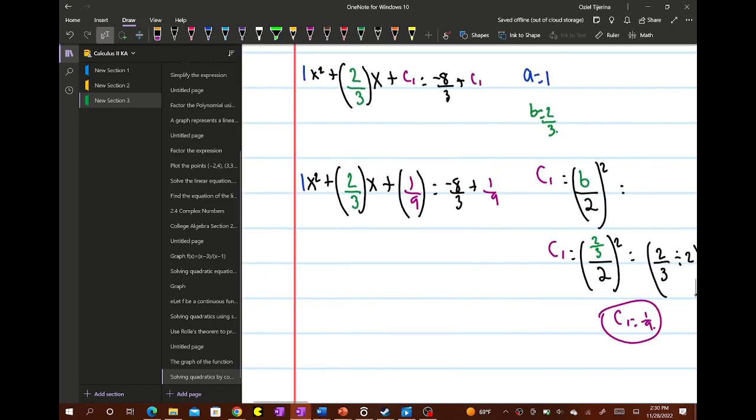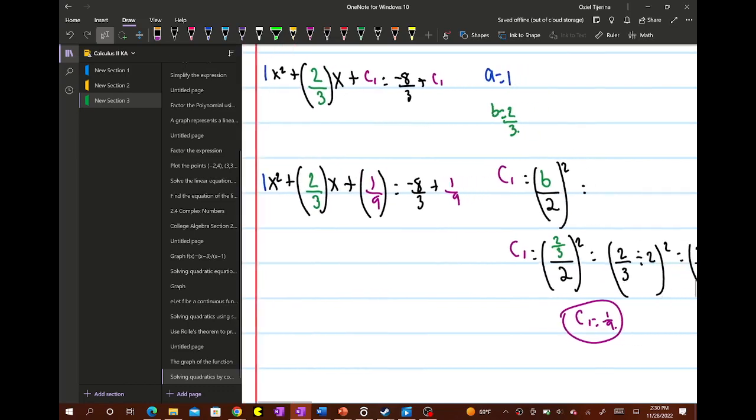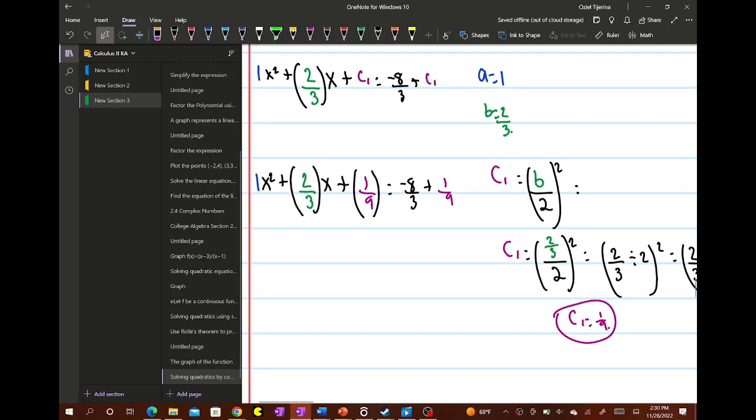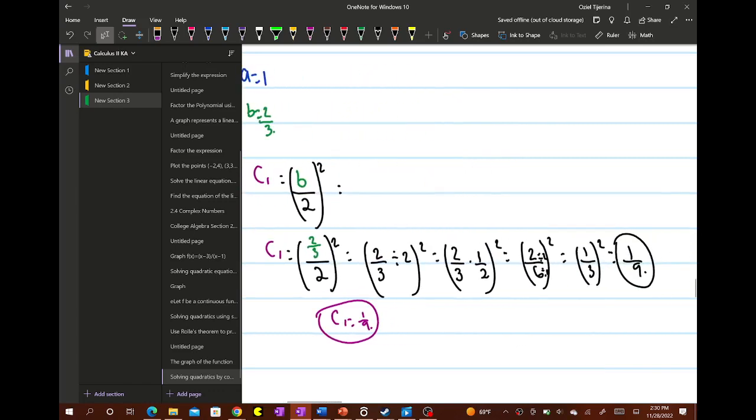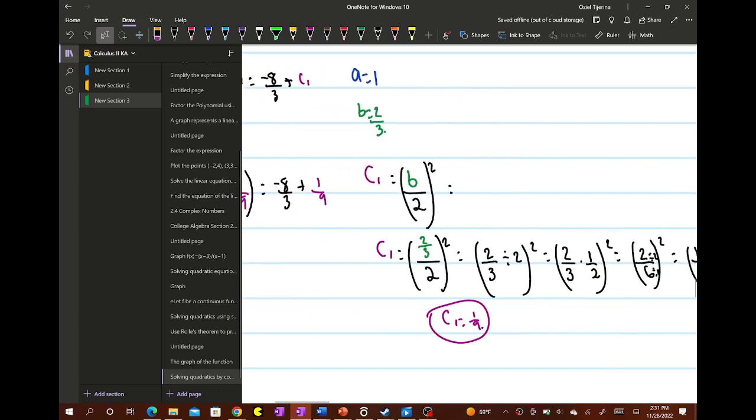In this case, B was 2/3, so I put it right here. Then I divided it by 2 and squared it. Doing all of that math, I got at the very end that C1 was 1 over 9.